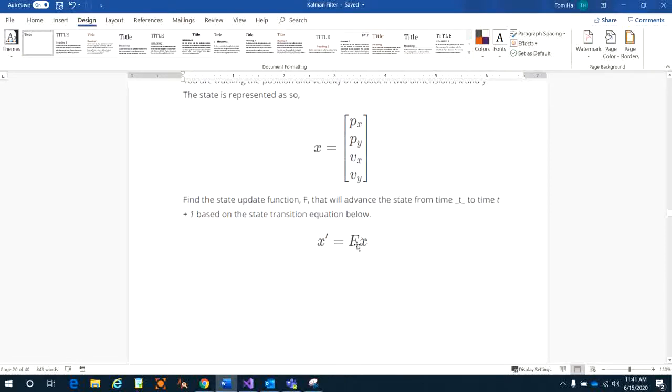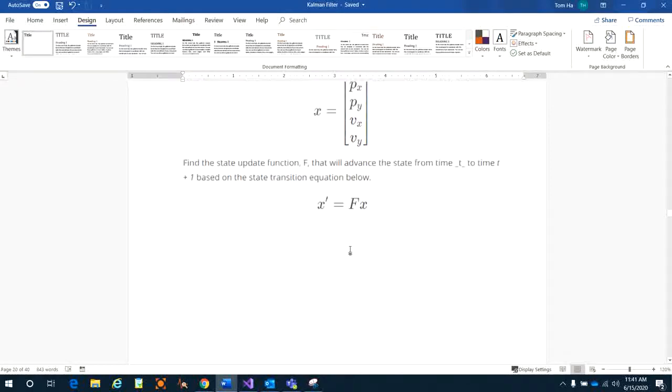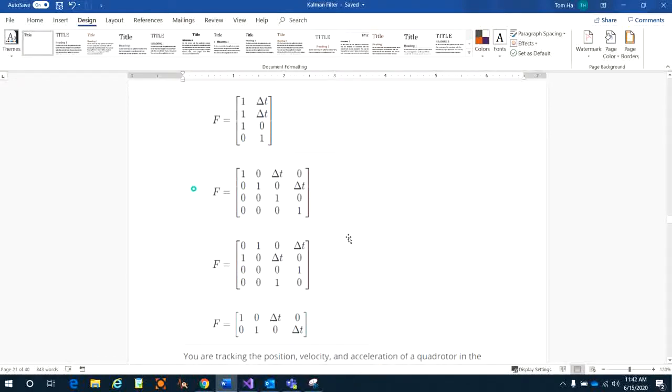So you can easily use linear algebra. You can guess it's 4x4, right? 4x4 times 4x1 is 4x1. The result is 4x1, right? So A right here means 4x4. So look at right here, you can see this is the correct answer, right?